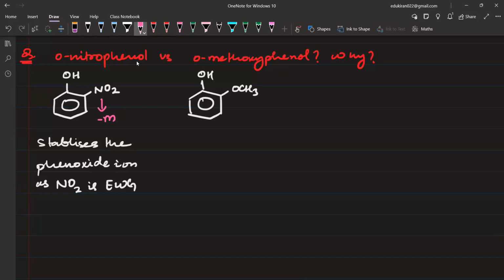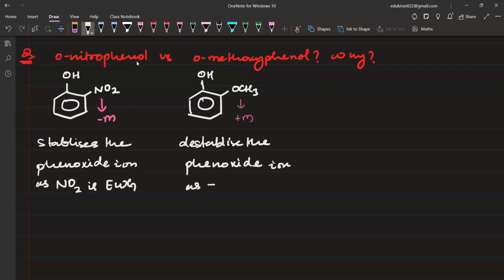Tell me, guys. OCH3? Plus M. Very good. So if it is plus M, then it will destabilize the phenoxide ion, as OCH3 is an electron donating group.